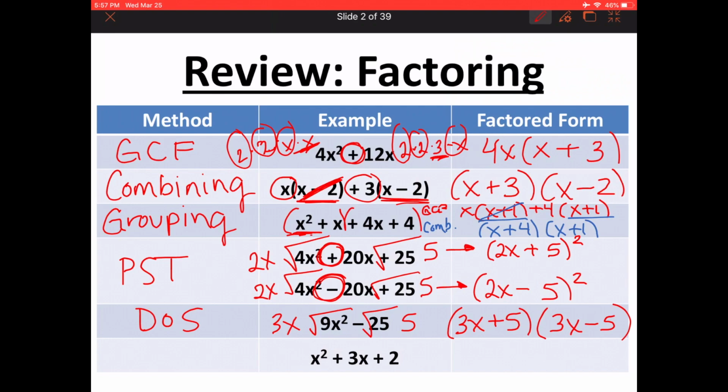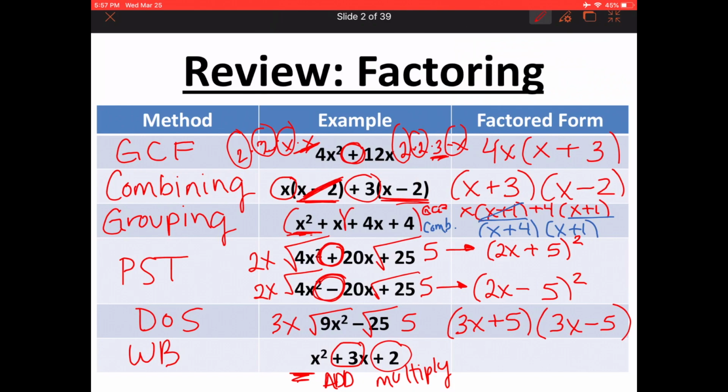For my last method of factoring, this one is called working backwards, so we abbreviate that as WB. For working backwards, you need to have three terms, and notice you are not allowed to have a coefficient in front of x squared. So there's no number allowed in front of x squared. How working backwards works is we need to figure out two numbers that add to my middle number and multiply to my last number.